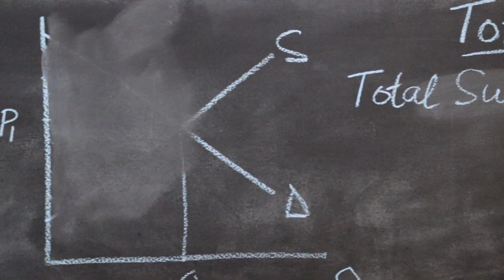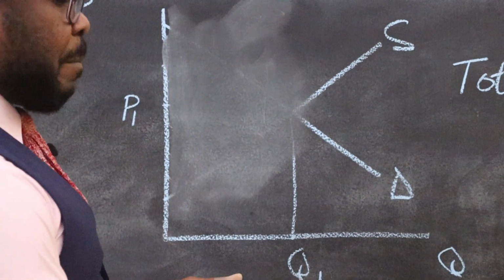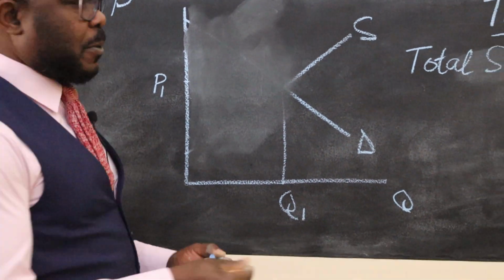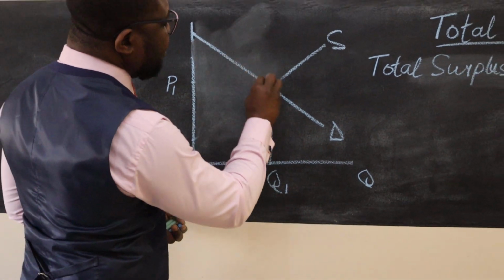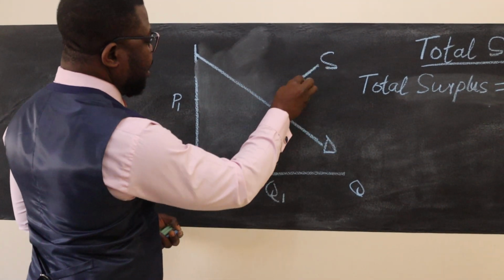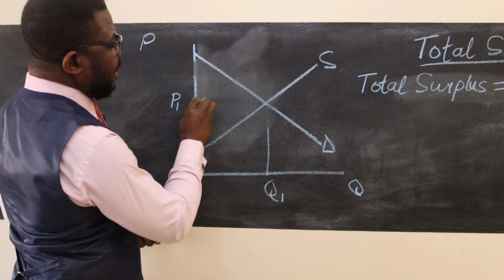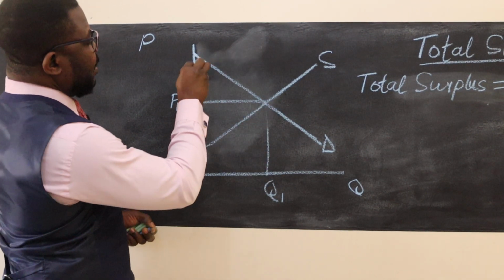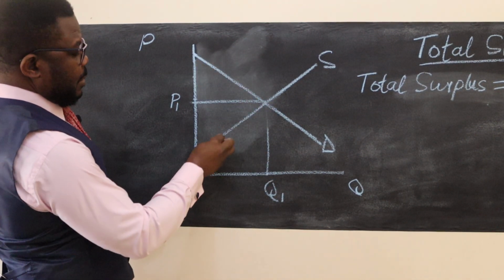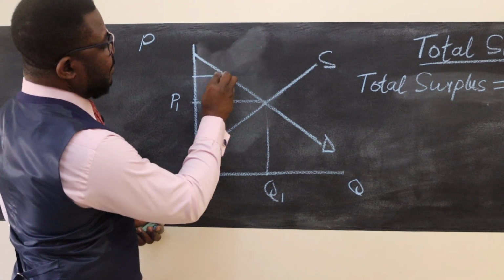Okay, so I'm going to redraw the graph to show you what exactly I was talking about. So we still have the demand curve and we have our supply curve here. But sometimes you are given a situation like this.